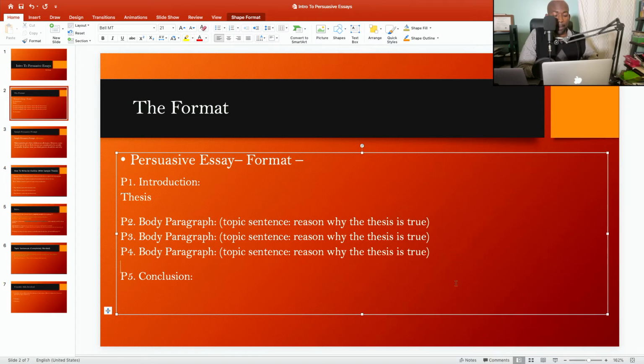Well, that means you're going to end up with body paragraphs that all essentially say or mean the same thing, because each topic sentence is the main idea of one body paragraph. And so one body paragraph is built around a topic sentence, a second body paragraph is built around another topic sentence, and then the third body paragraph is built around another topic sentence.